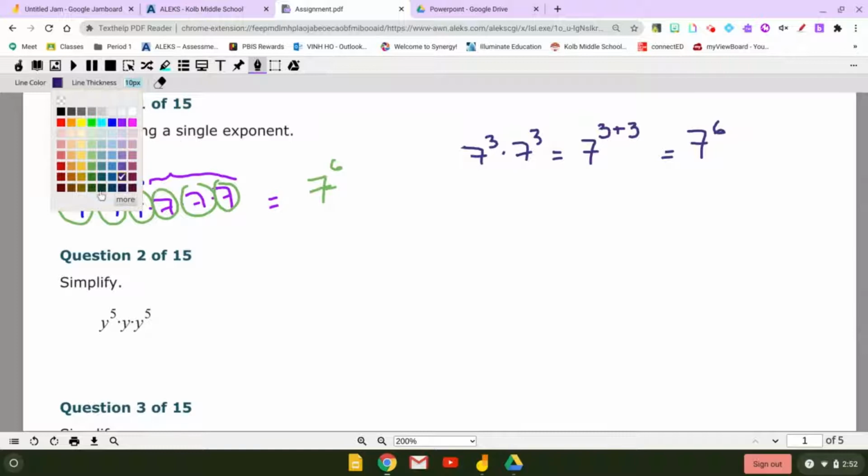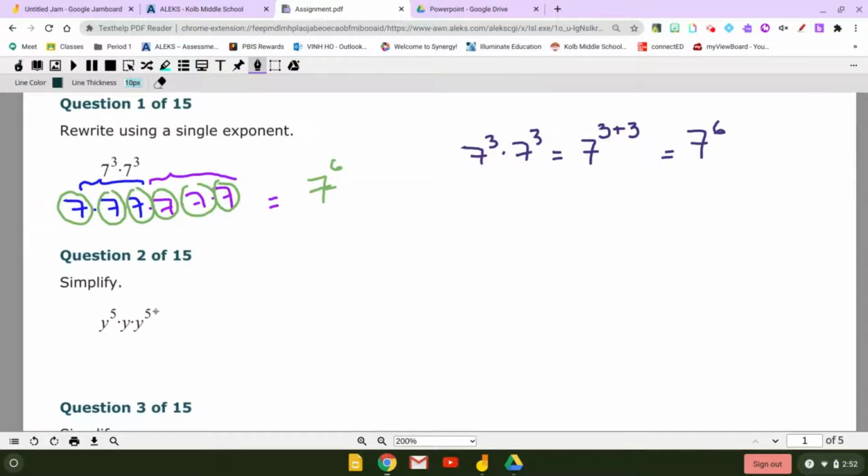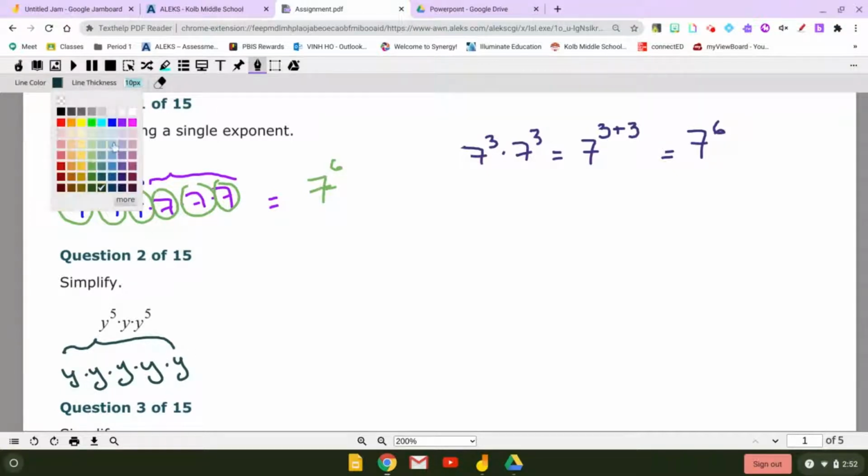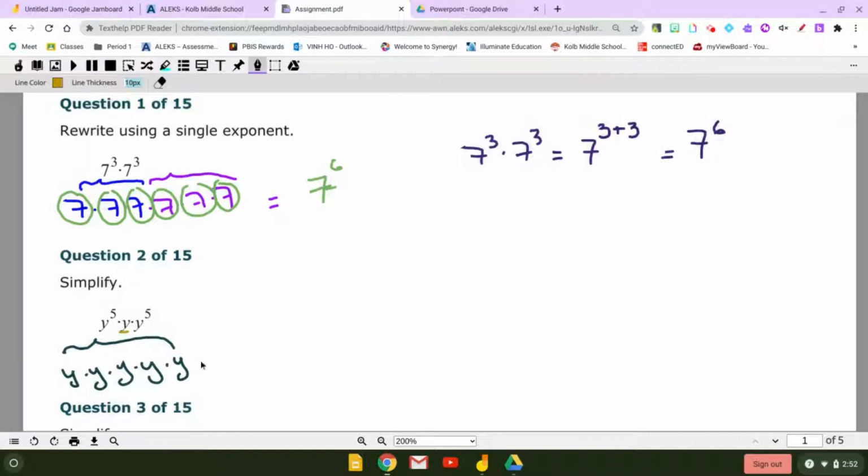Now down here, problem 2, you have y to the 5th power times y to the 5th power. The first y to the 5th power is y times y times y times y times y, 5 times.